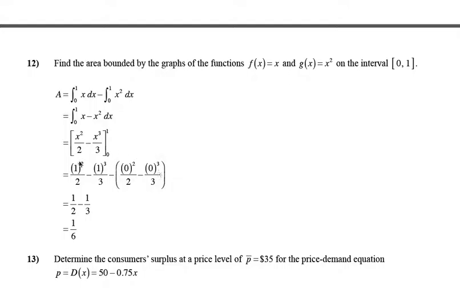And 1 squared is 1, 1 cubed is 1, and so we have 1/2 minus 1/3. I haven't shown those steps here, but if you give these a common denominator, you would have 3/6 minus 2/6, and that would leave a value of 1/6. So that's the answer to this question.